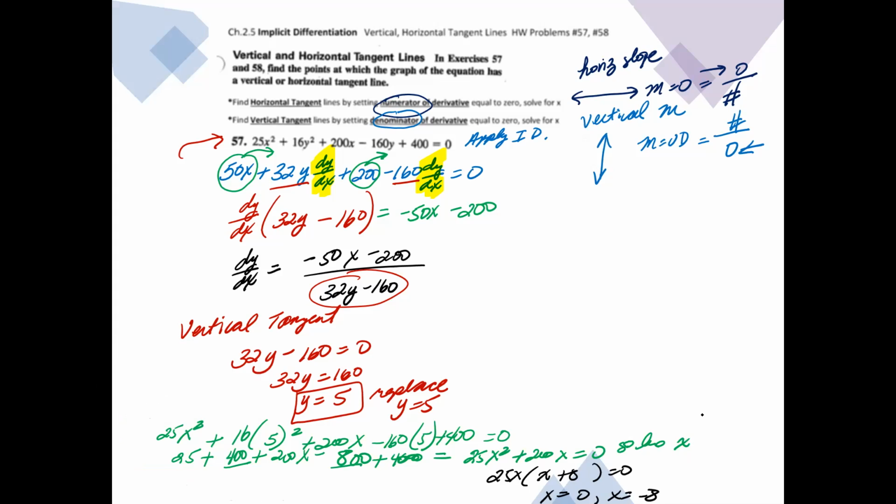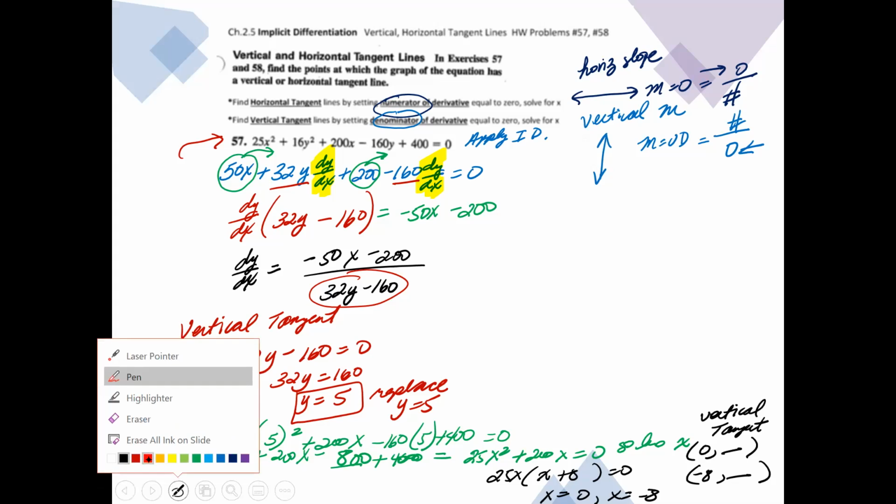So then if you're looking for the vertical tangent, okay, your vertical tangent means that your x is going to be 0. You got to find y. X is going to be negative 8. You got to find y. Okay, so how you go about doing that is you're going to use the second calc option.